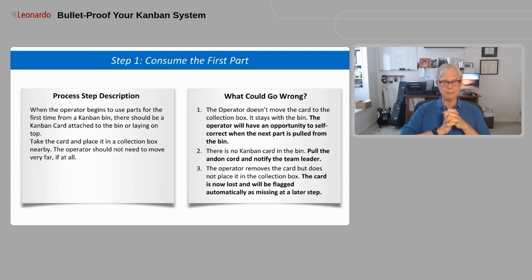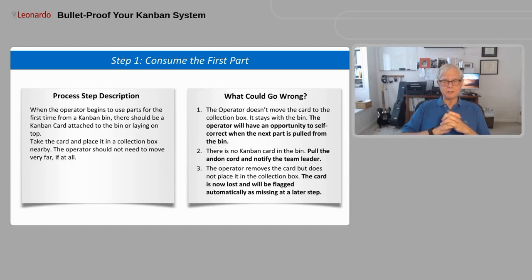All right, third thing that can happen is the operator removes the card but does not place it in the collection box. Now, why would they do that? I don't know, but maybe they got distracted, right? They took the card out and then some kind of thing drew their attention away, and they put the card in their pocket and forgot to put it in the collection box. That's perfectly possible, right? So basically now the card is lost, but there's no knowledge that it was lost. In number two, we know it was lost, but in number three, we don't.